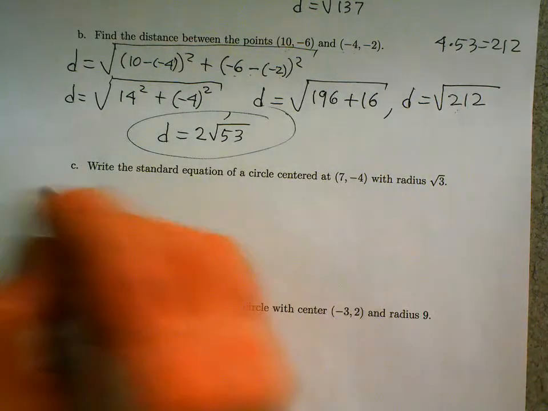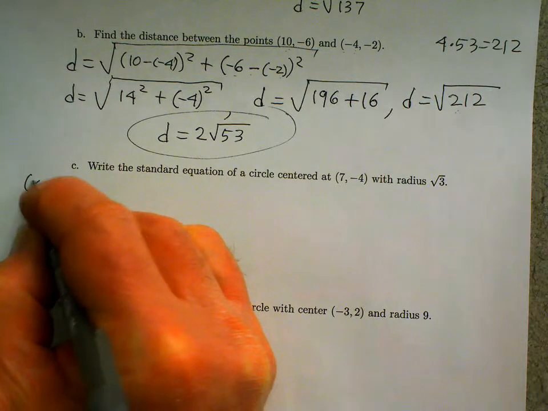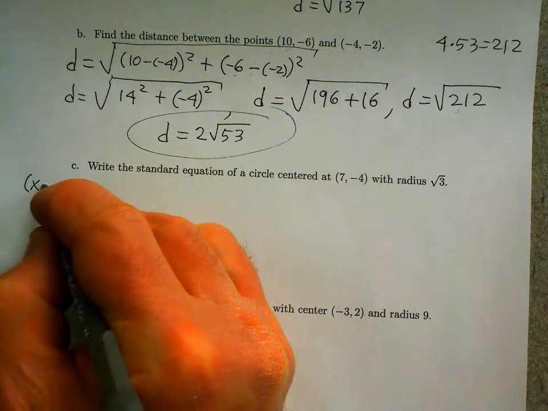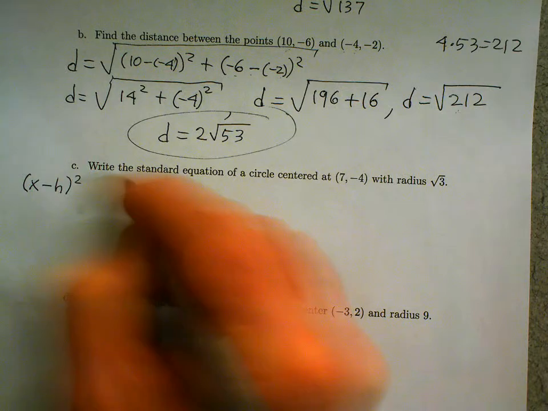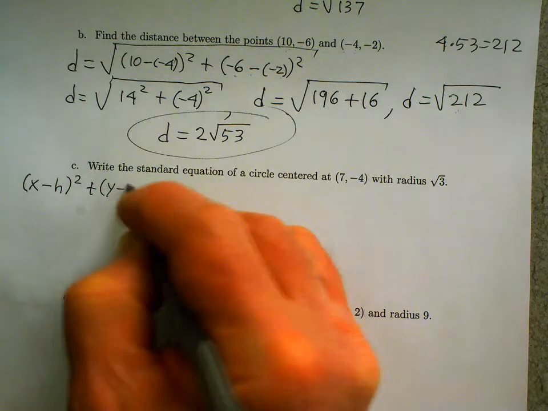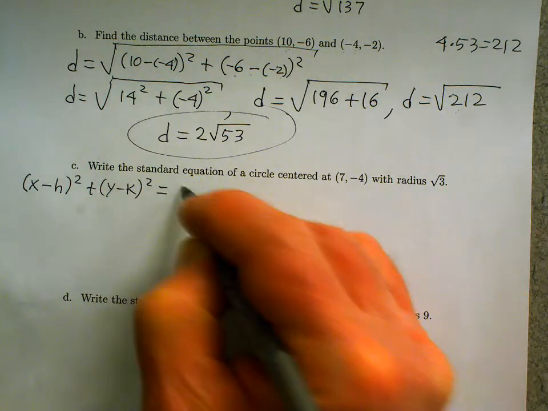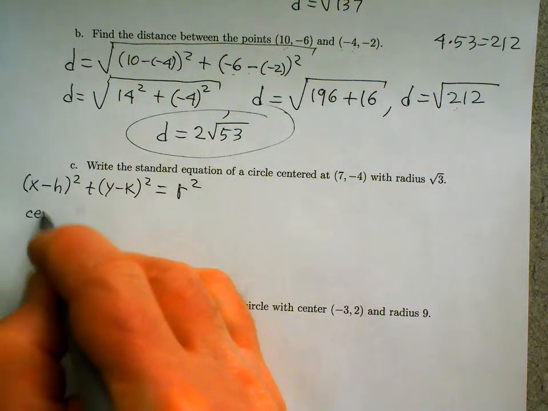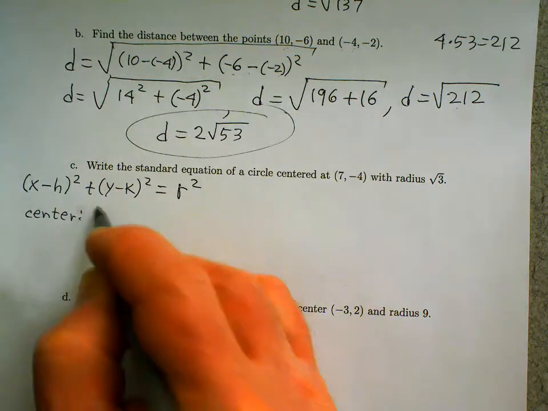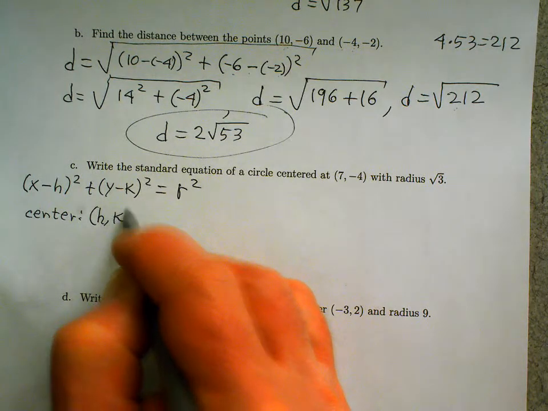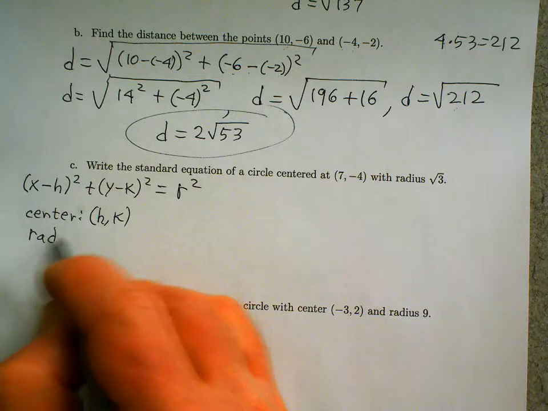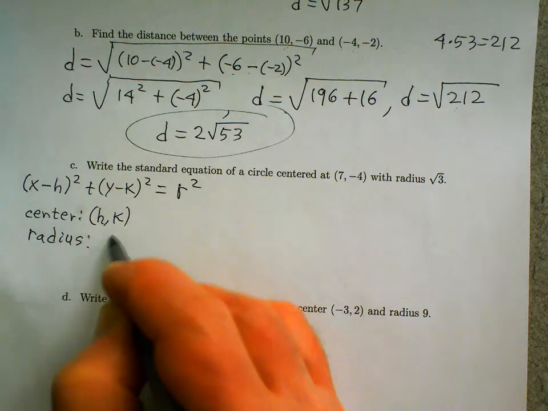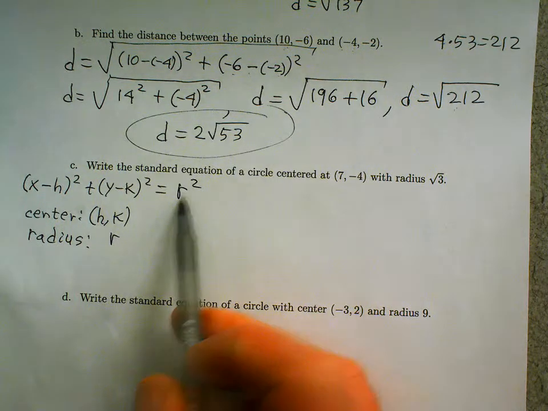In general, the standard equation of a circle has this form: x minus h squared plus y minus k squared equals the radius squared. And the center is the ordered pair h, k, and the radius is r. It's the square root of r squared.